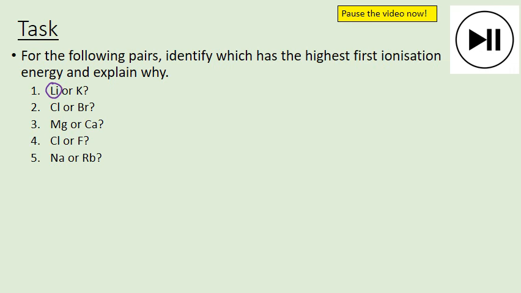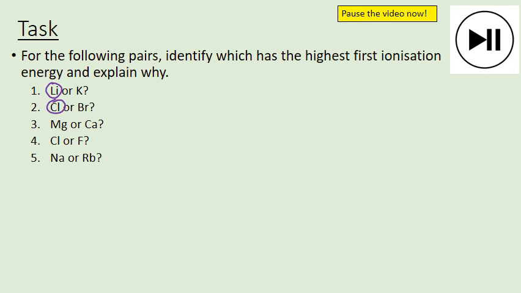Therefore, more energy is needed to remove the outer electron. And question 2, for the exact same explanation, it's Cl. Cl has a smaller radius, it has less shielding. That means that the electron requires more energy to remove because it's more strongly attracted to the nucleus.